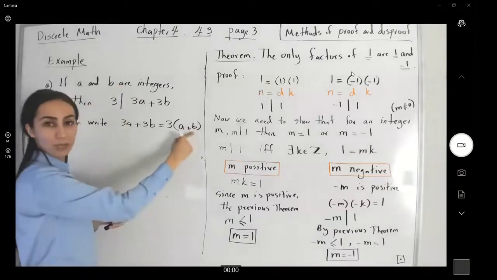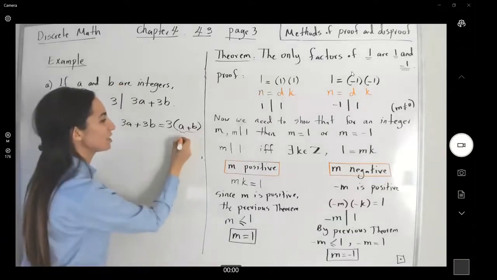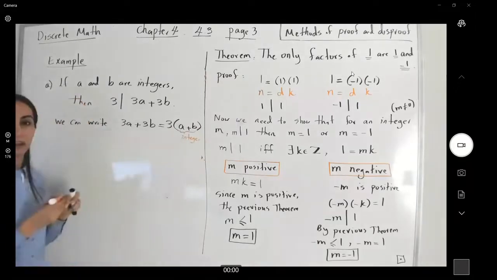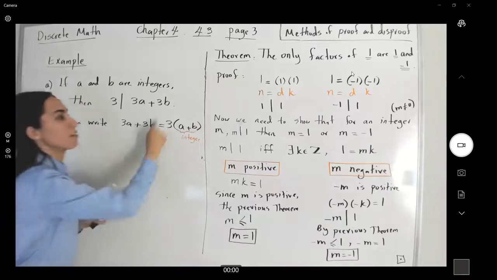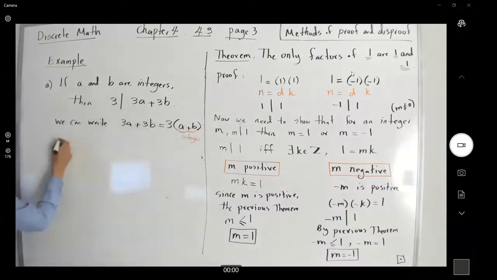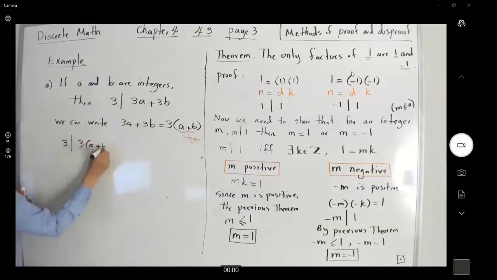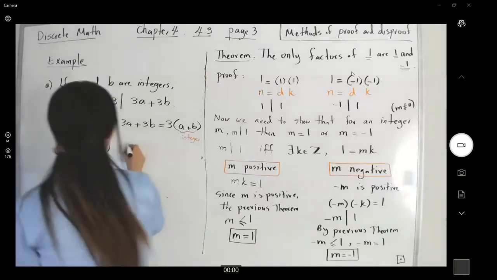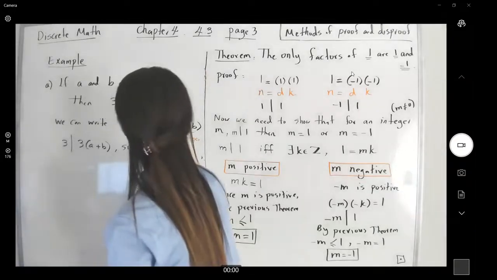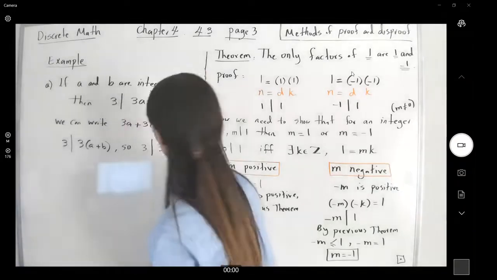The sum of 2 integers is an integer. So we have 3 times an integer. 3 is a factor of this number. So 3 divides 3 times (A plus B). Equivalently, if you distribute, 3 divides 3A plus 3B.